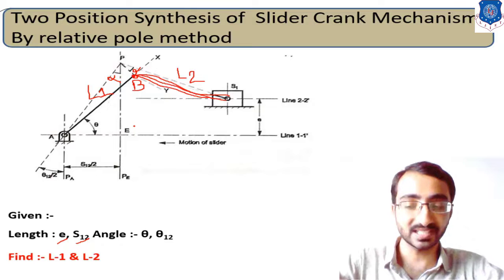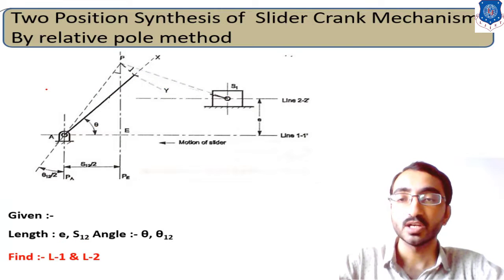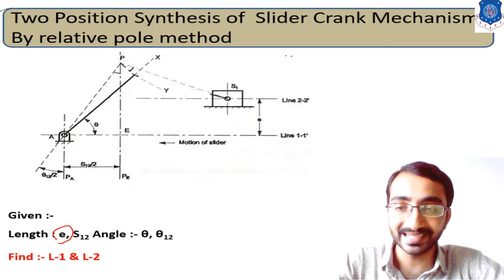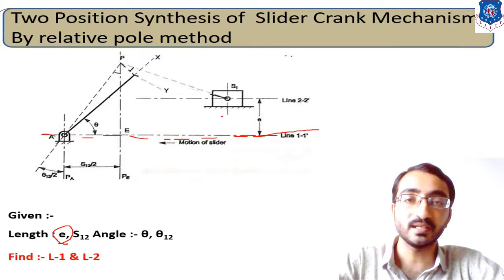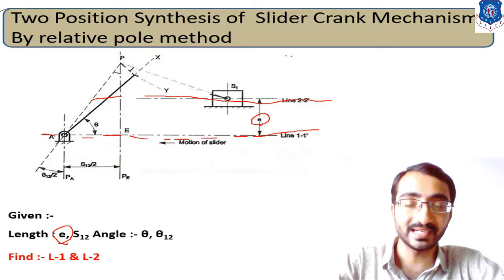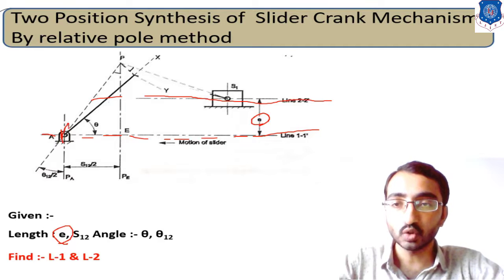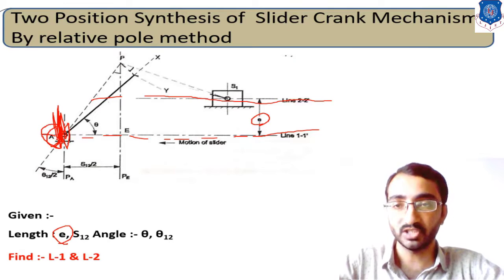Now let's quickly revise this two position synthesis of slider crank mechanism. First, we have used this eccentric distance. We have to sketch reference lines 1 dash and 2 dash at eccentric distance E. Then arbitrarily we choose one point representing point A. This is a random point, at any position you can select.